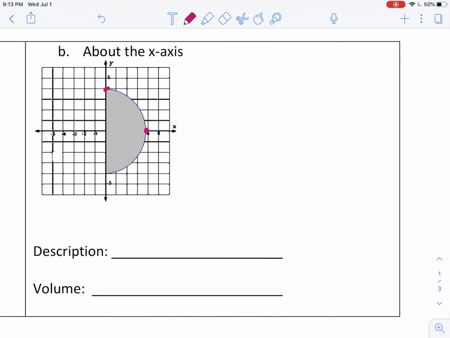For example, this dot will go in front of the x-axis and behind it, which is what I'm spinning around. This dot will go in front of my x-axis and behind my x-axis.